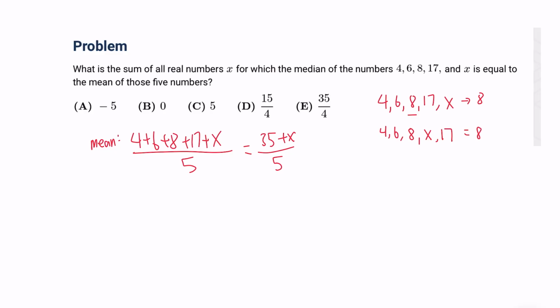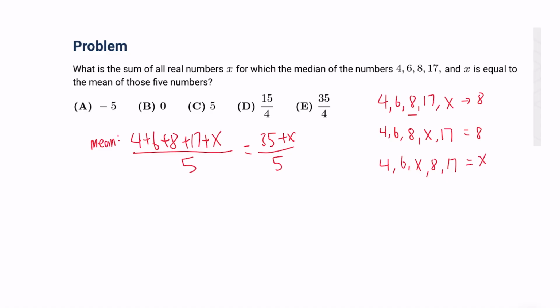So essentially, because there are only 5 numbers, we can just move x from it being the greatest to the least, and then we can figure out the median for each. So for example, x could be greater than 6 but less than 8, so it places it in the middle. Well, here we see that the median is x now.